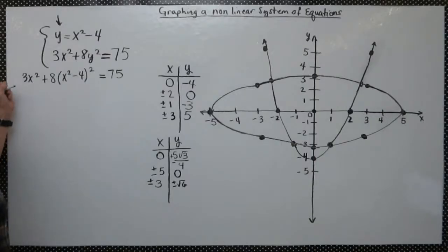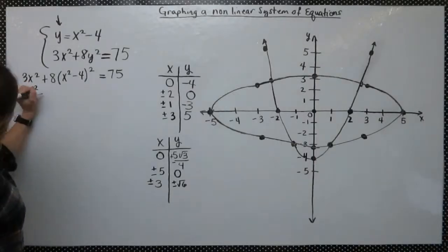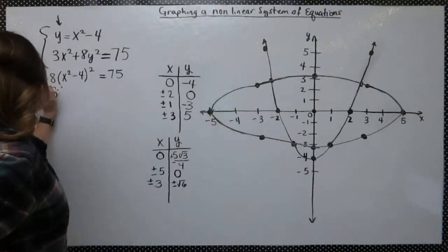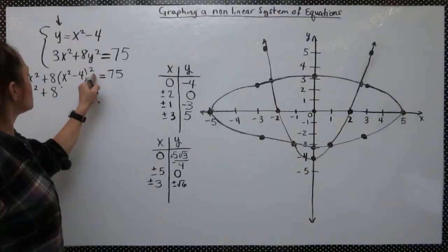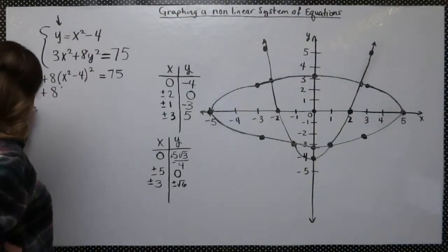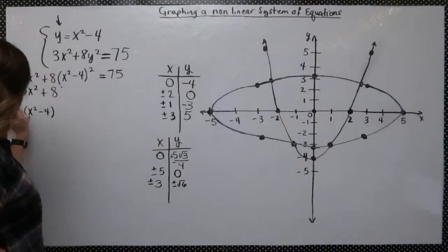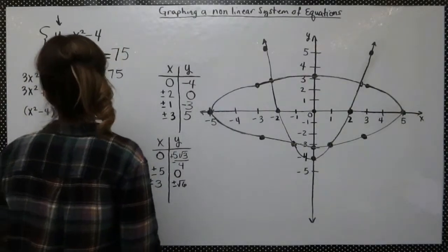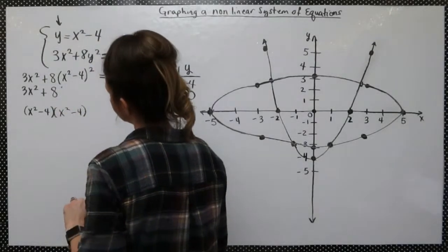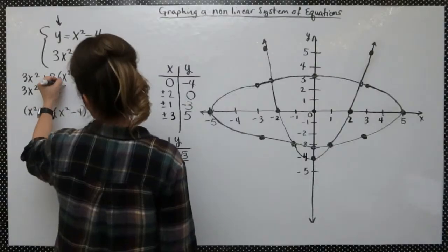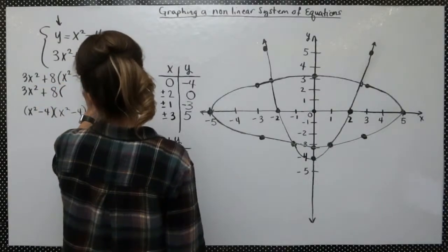Now I'm just going to simplify this equation and combine like terms. So that's 3x squared plus, and in order of operations, I have to handle that exponent before I multiply that 8. So I'm going to say x squared minus 4 times x squared minus 4. I'm going to figure out what that equals, and then I'll write that right here inside the parentheses, equals 75.